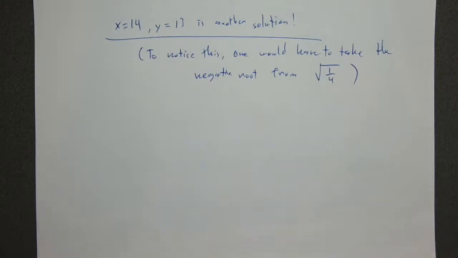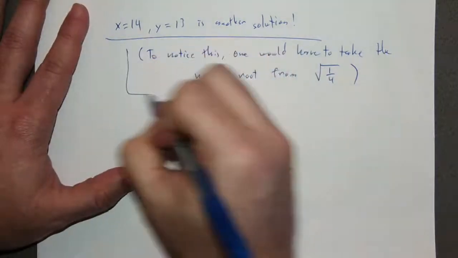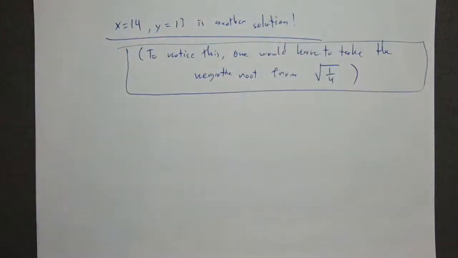So considering the square root of 1/4 as plus or minus 1/2 was not something that was considered. If they actually considered this, they would have noticed that there's another solution that arises here. So he didn't know how to take the negative square root of 1/4, and that kept them from finding this other solution.